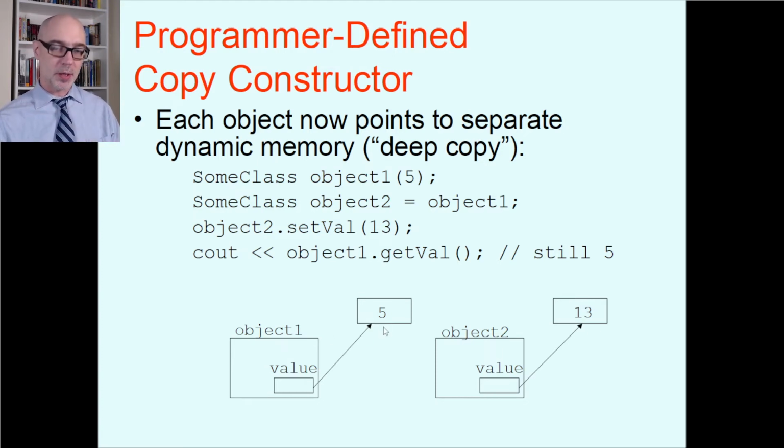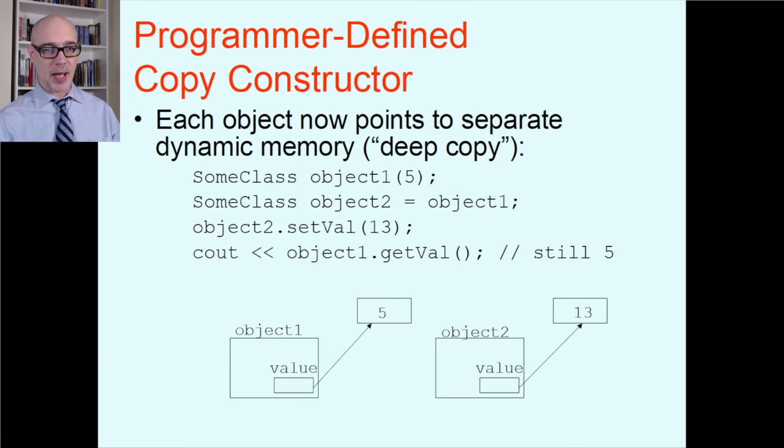And object 1 here still has its original data location, still has the 5. The prior example got wiped out, which we didn't like. And now if you want to check on that, you call object1.getVal, and you will see it is actually still storing the 5. So here, each object legitimately has its own data location to track its own data. And what looked like a problem for us before is now solved.